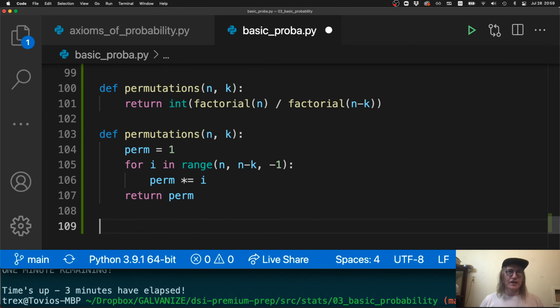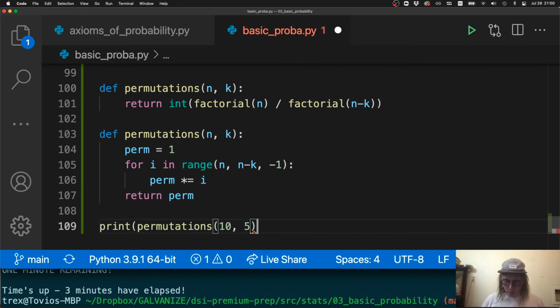So let's test that out with 10 permute 5, just to make sure I don't have an error in there. And then we will call it an evening.